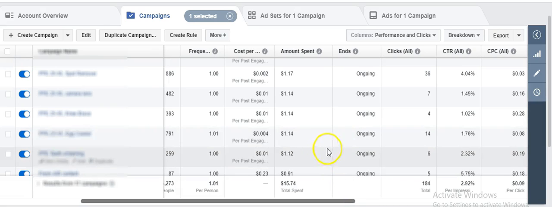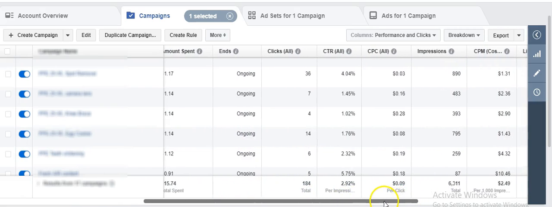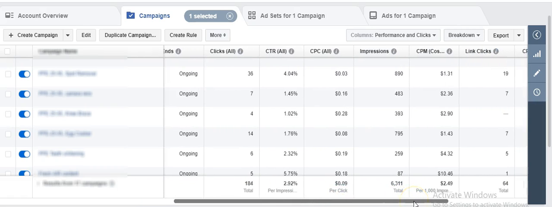Then there's post engagement and the amount spent total. They'll tell you about the campaign that's ongoing, or if you had a stop date. Now, the click all is something that was confusing to me at first, but I really want to explain this. Click all could be if they clicked on your picture to enhance it, if they clicked on a link in your description or ad copy, or if they clicked on the learn more, shop now, or get yours now button.